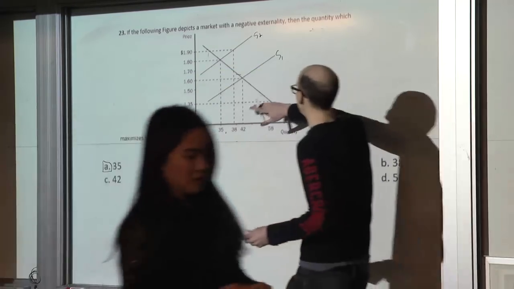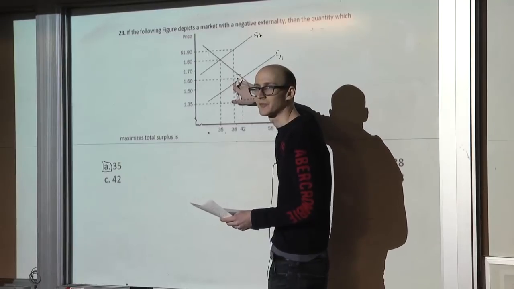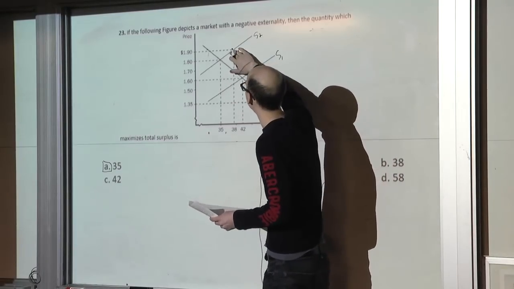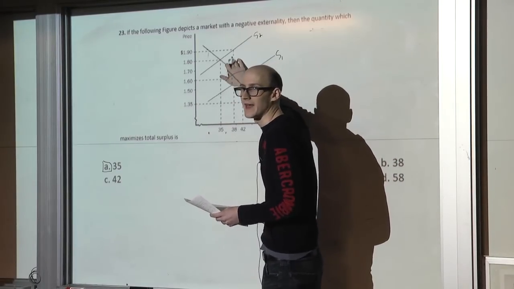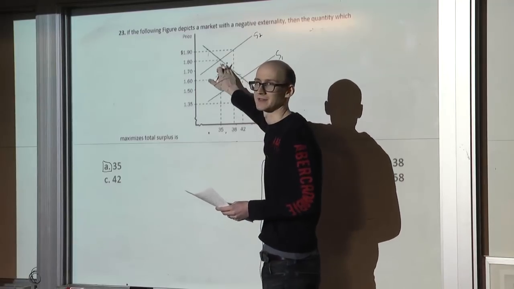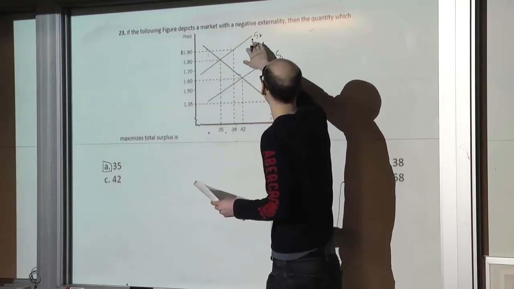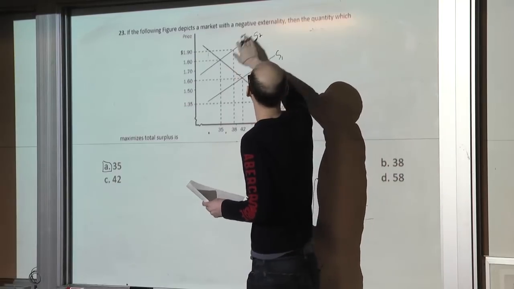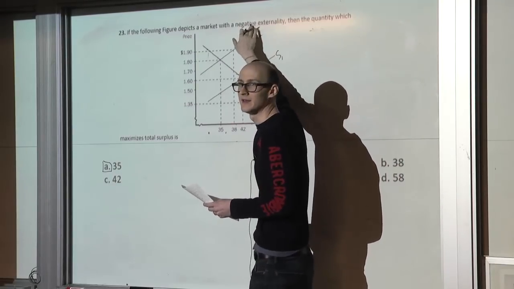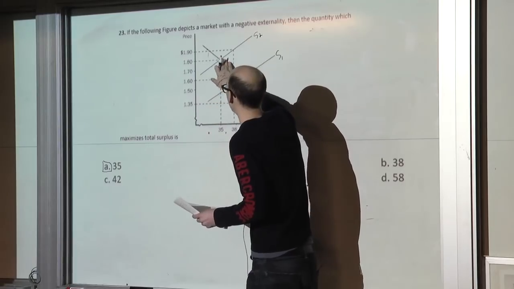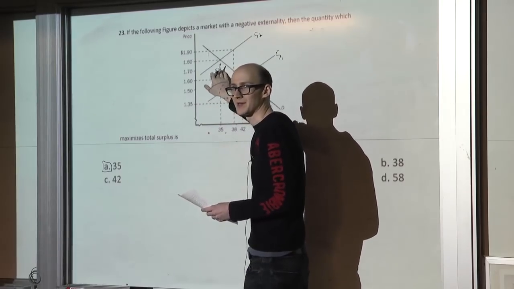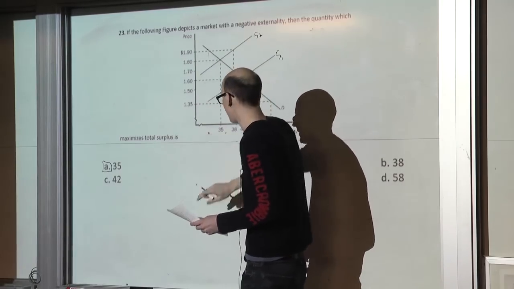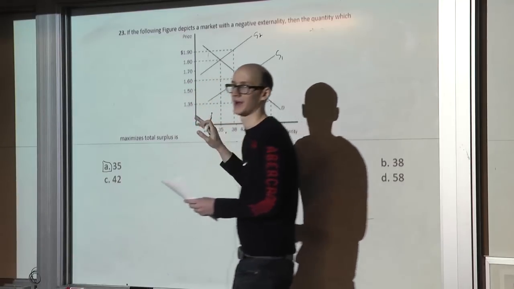If the cost per unit of production is higher, right, then that represents the negative externality. So because supply curve 2 is higher than supply curve 1, we know that it's referring to a negative externality. And so we look for the equilibrium, because the equilibrium will maximize total surplus, and that corresponds to 35.